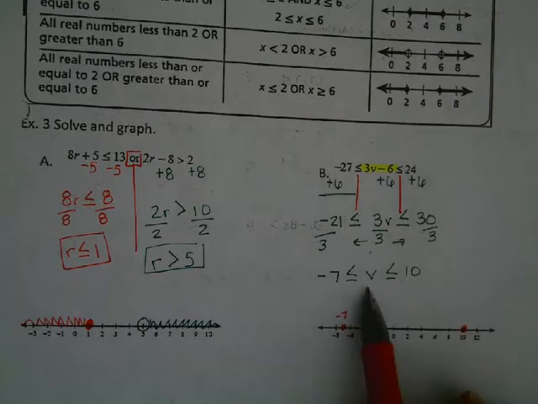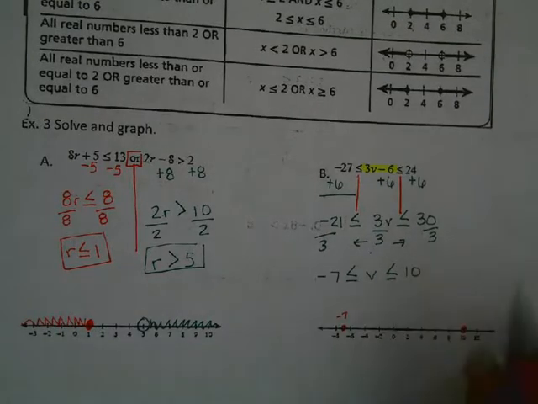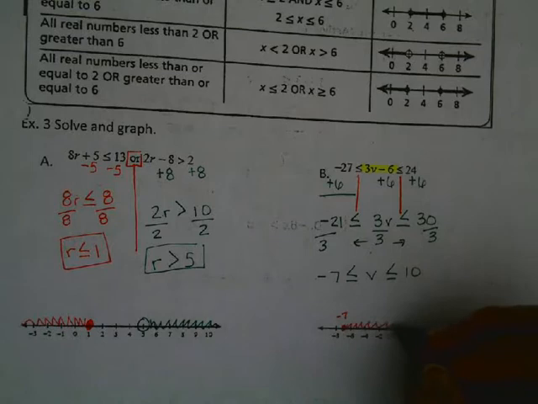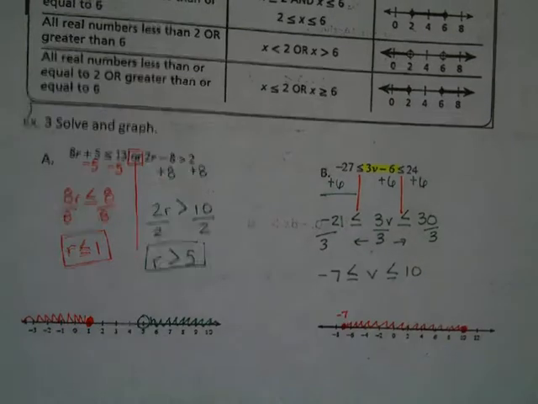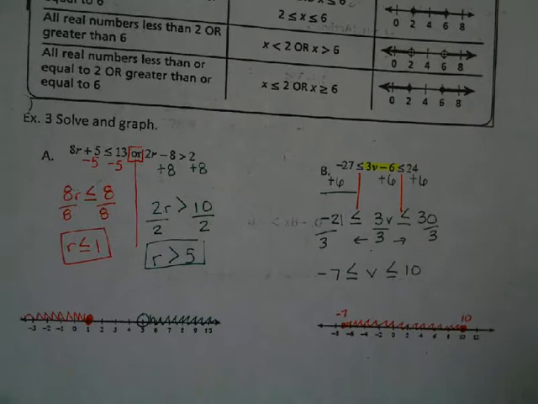So I'm going to show you every number, all those solutions between negative 7 and 10. Okay? So that's called a compound inequality. Open circle for less than or greater than, closed circle if it has the equal to, like a line under it. So this is a closed circle, this is an open circle.